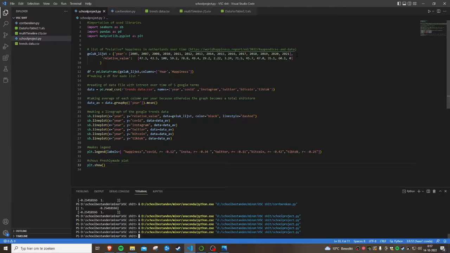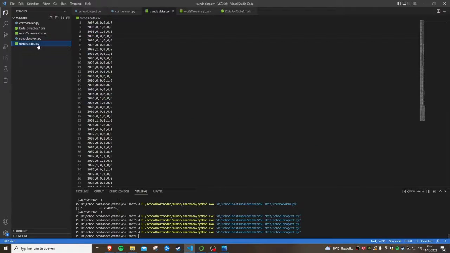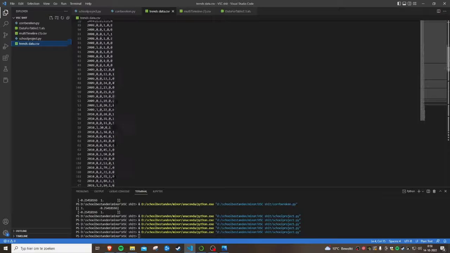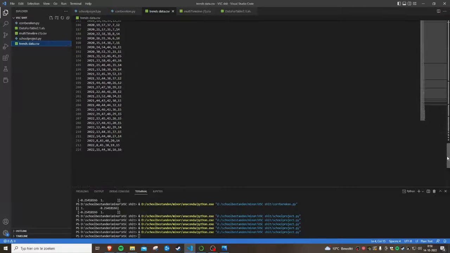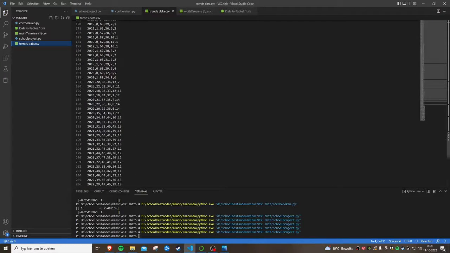Then here I read the data file and I also categorize them on terms, because this is the data file I have over here. So you can see it's 214 lines.